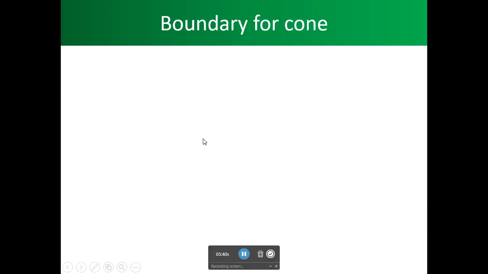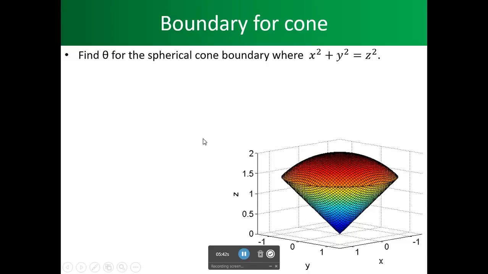Now, if we don't have a curve, how do we determine this? Just using numeric numbers. The first thing we would do is find the spherical cone boundaries for x squared plus y squared equals z squared.